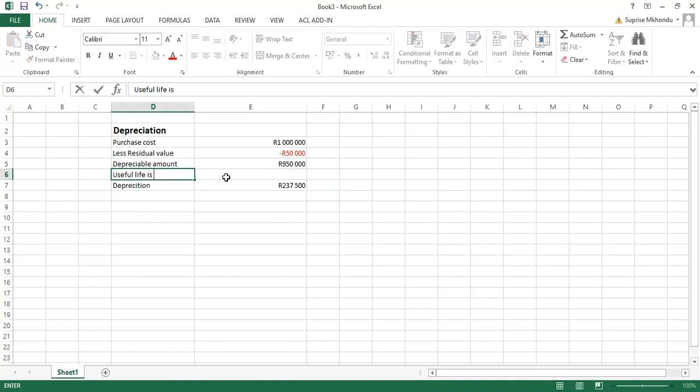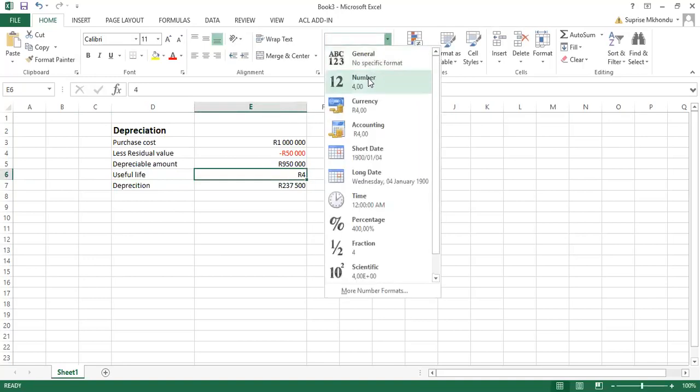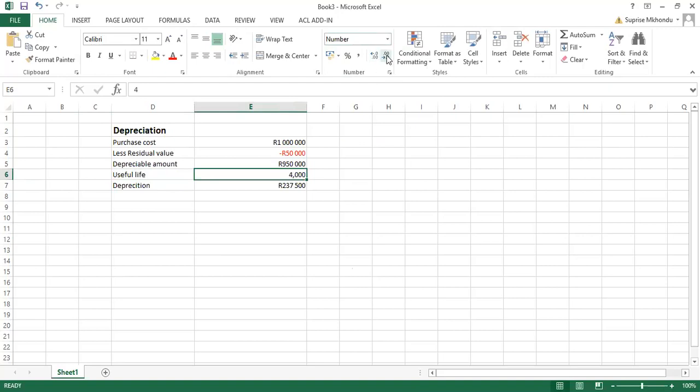Again, useful life is 4 years. So this is a number. If you depreciate this amount over 4 years, you divide by 4 years, then you get your depreciation.